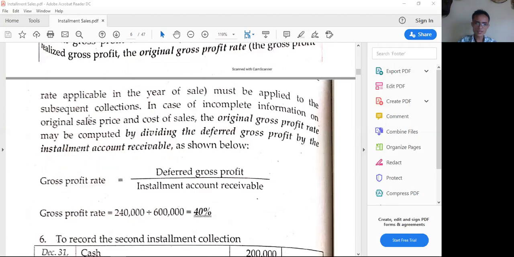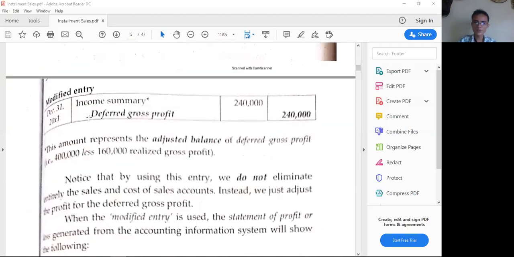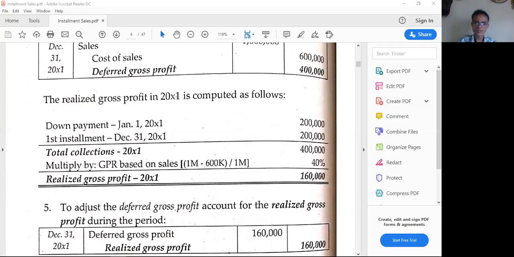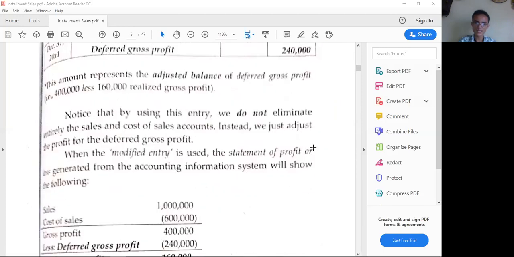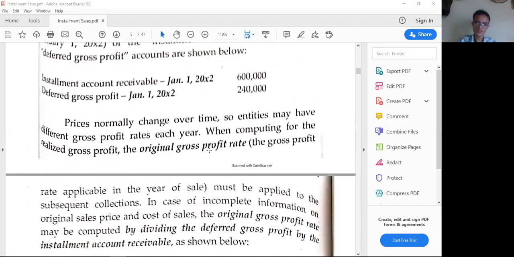We can also summarize this by saying that realized gross profit is directly proportional to collections, but deferred gross profit is directly proportional to the installment accounts receivable balance. So a while ago, I told you 600,000 balance of accounts receivable multiplied by 40%, that is 240,000.